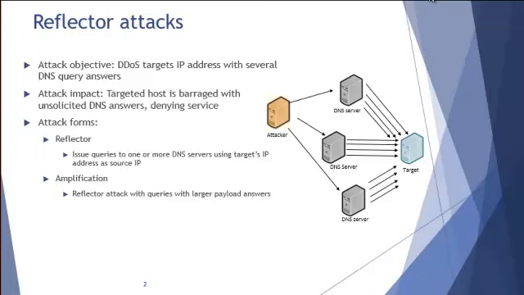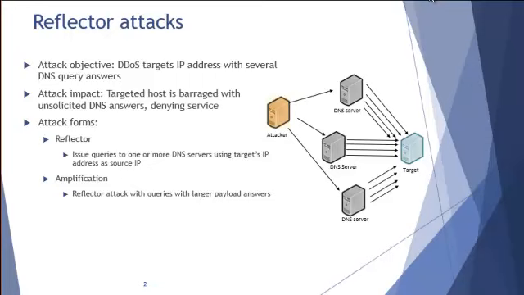So the impact is the targeted host is barraged with these unsolicited answers, and therefore is unable to perform its normal networking functions. There's basically two forms of this. You can see how the attacker is reflecting off of these DNS servers and using them as the primary ammunition to initiate all this traffic to the target, and that's the reflector attack in general.